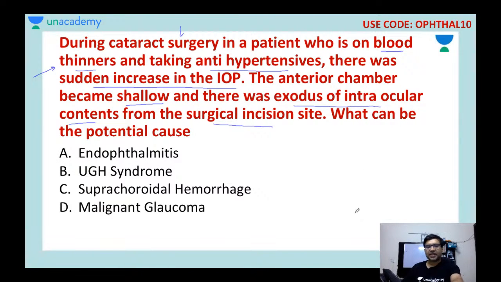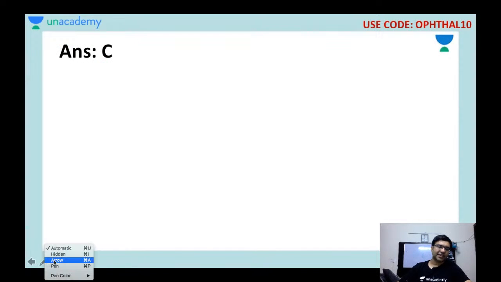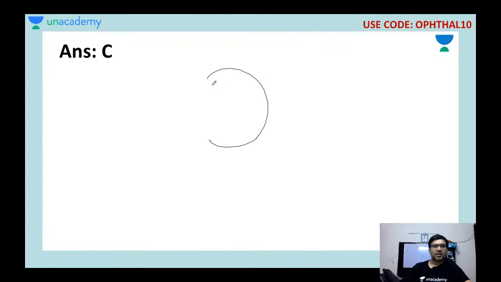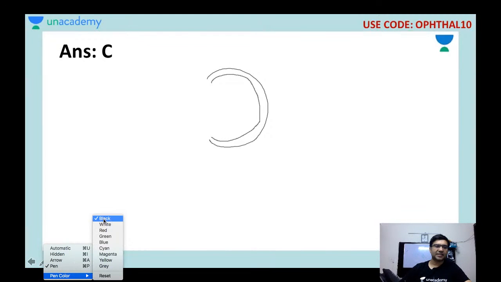Now I should make a diagram for this. This is your sclera. Beneath the sclera we have the choroid and here we have the blood vessels.